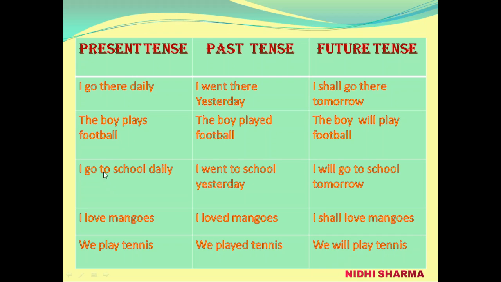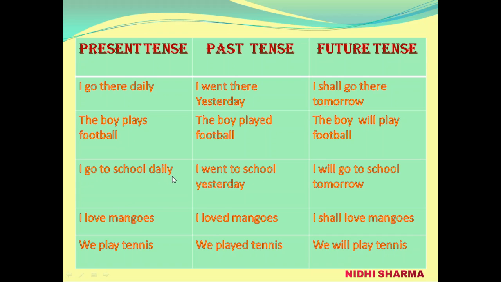The boy plays football. So plays is the first form of verb. To change it to the past tense, the boy played football. We have added ed to the base form to change the sentence into past tense. The boy will play football. So will is added before the verb play to change the sentence to future tense.